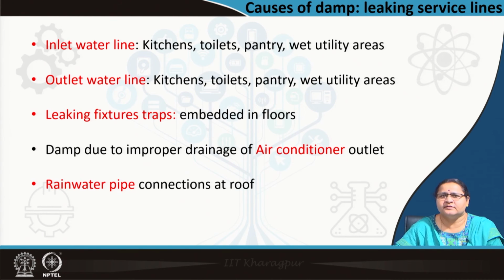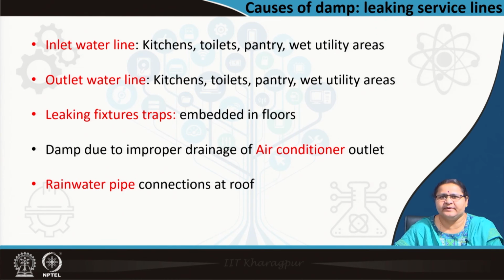You all know sometimes the traps of the fixtures are embedded in the floors. So, leakages in the traps at the joints can also lead to damp, and allow entry of moisture into the structural floor. So, one has to be very careful about leaking fixture traps.